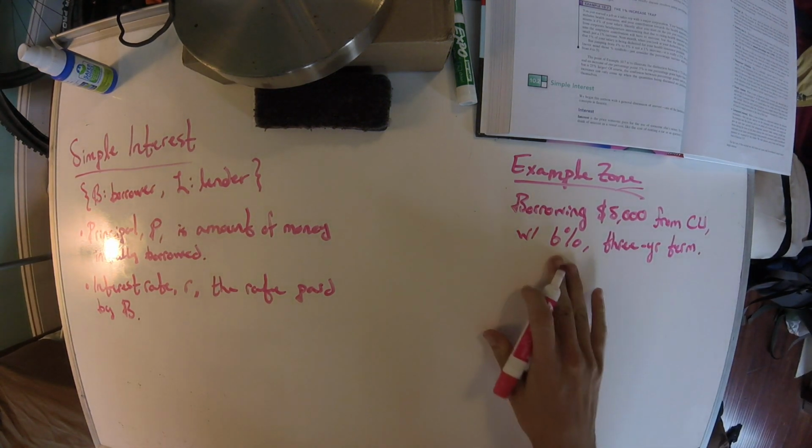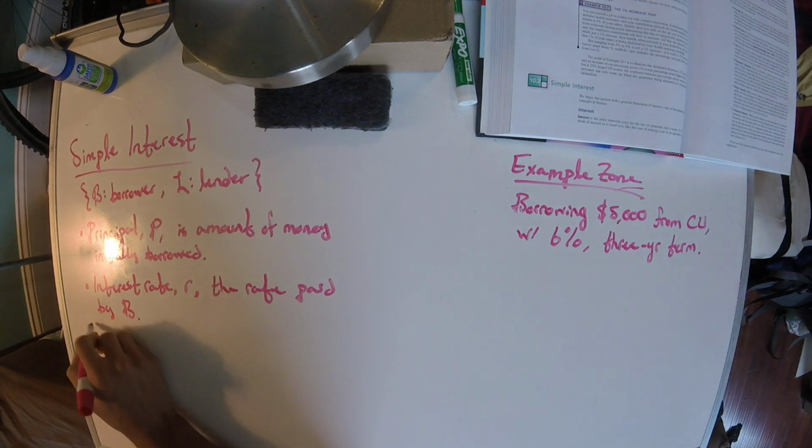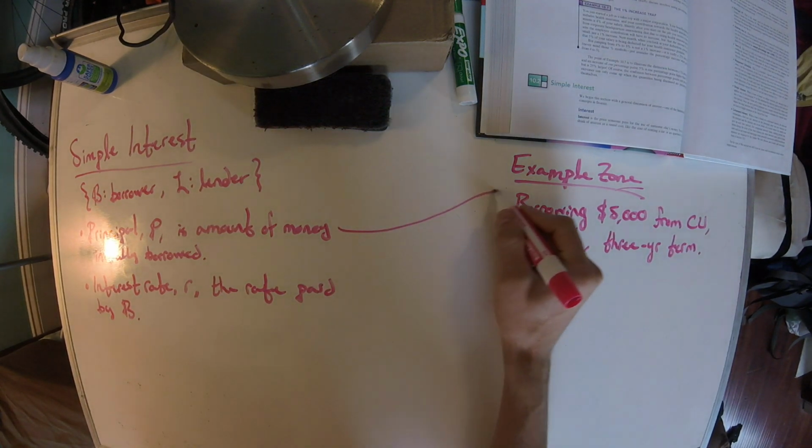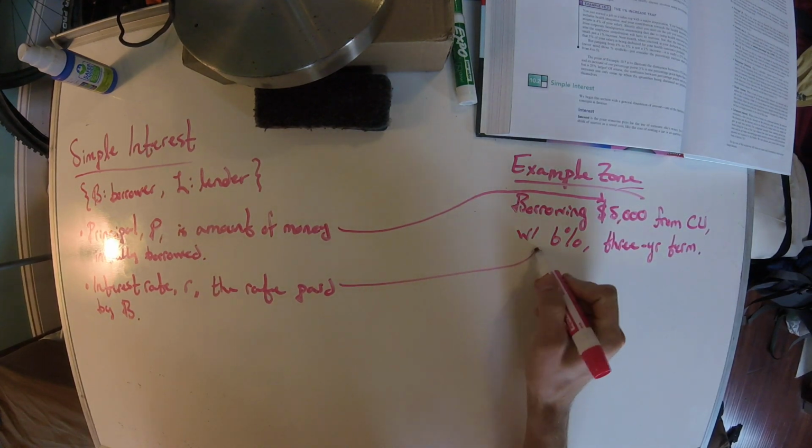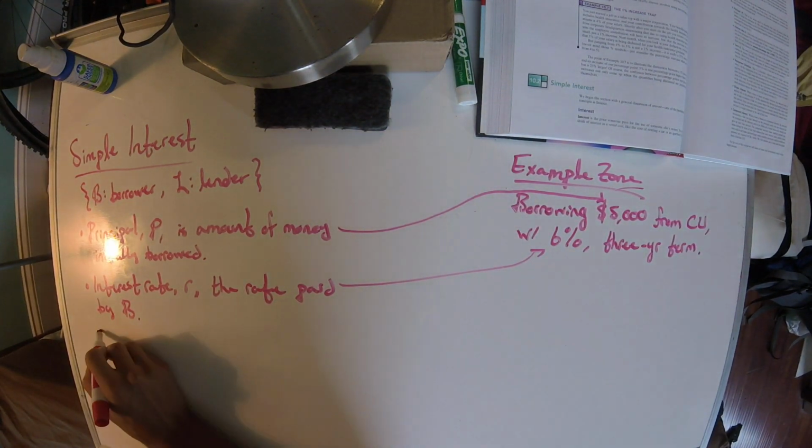So that would be this 6% here. I'll just start pointing to these things, because why not? Arrows make everything look really organized.